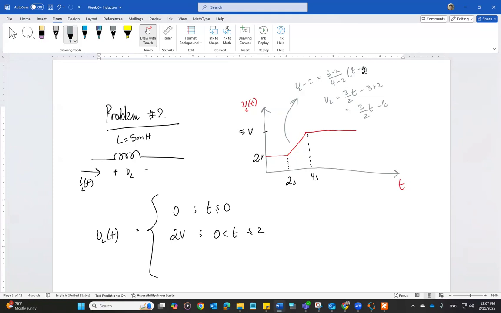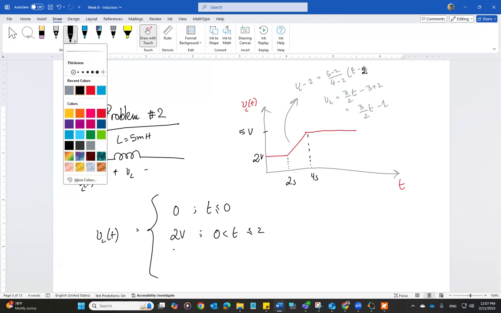And just to make sure that your values are still valid, put T is equal to 2 over here. Your answer is going to be 3 minus 1, which is 2 volt. And then put T is equal to 4. That's going to be 3 times 4, 12. 12 divided by 2, 6. 6 minus 1 is 5. So this equation represents the line equation with the correct values of the voltages.